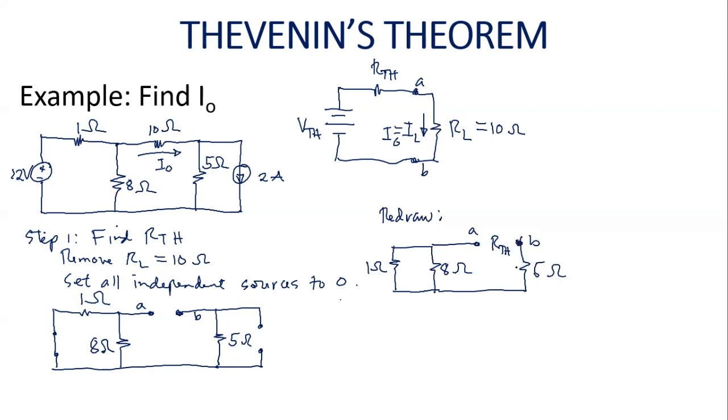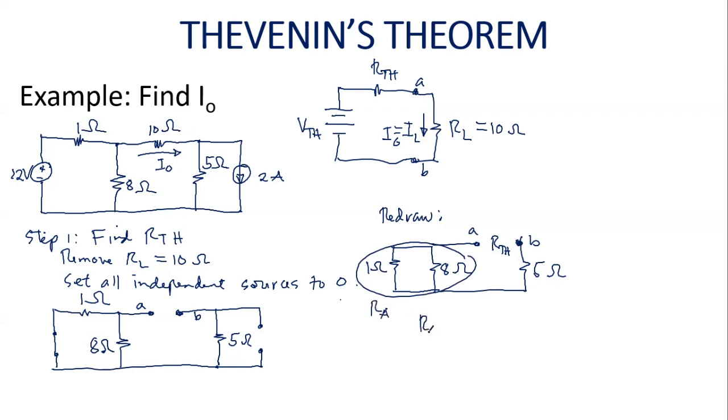Okay. So what is now our observation? So we have our observation here that the 1 and the 8 ohms resistor are connected in parallel. So we will call this as the RA.